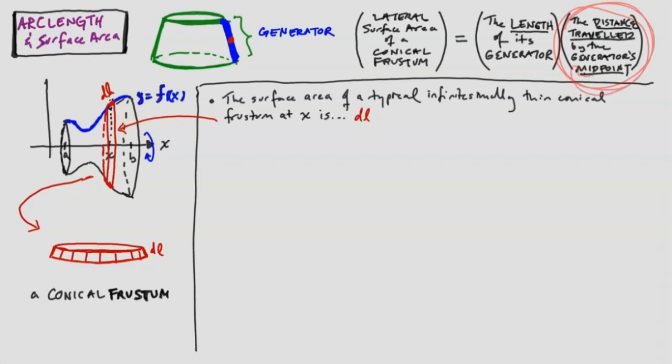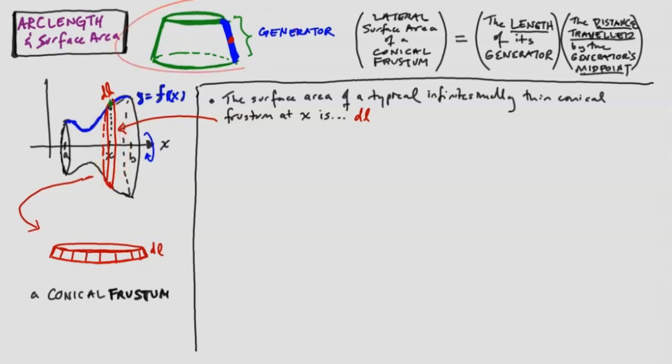Well, let's think about that one a little bit. This little infinitesimal line segment, this is centered above the point x. So the midpoint of that thing is directly above x. Now, how far does it travel when it rotates around the x-axis? Well, what's it doing? As it rotates around, it stays the same distance from the axis. That's what it means to revolve around it, of course.